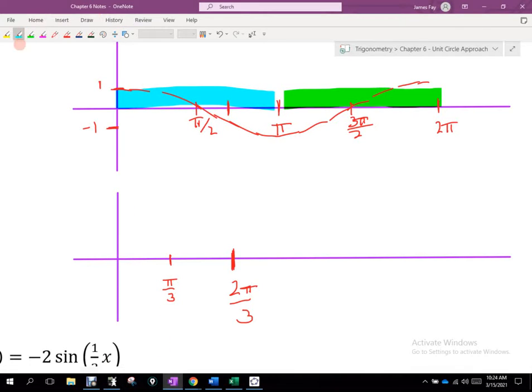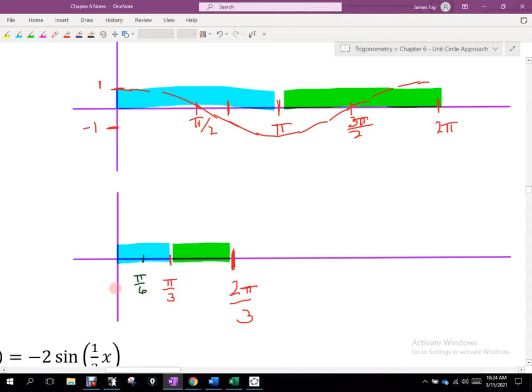Okay. So I'm going to color code things. That blue region corresponds to the blue region up here, and this green one corresponds to that green interval. Then we cut the blue one in half on the parent function, so let's cut it in half down here. What's half of pi over 3? Pi over 6.